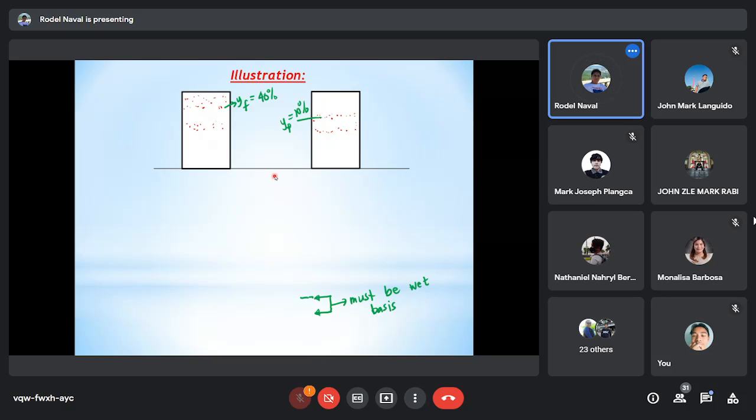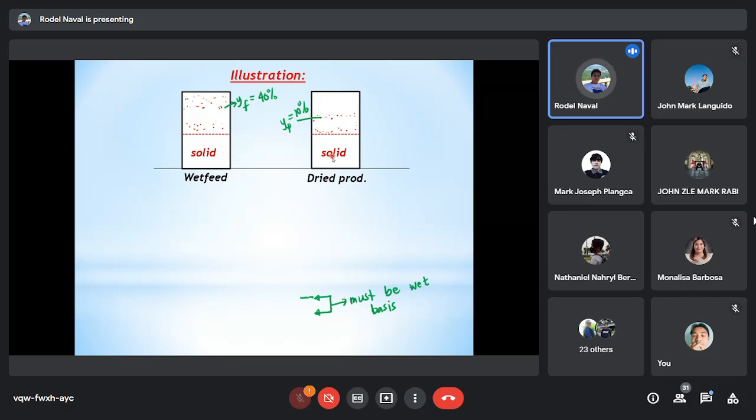Next. I have here the illustration, no? We have the wet feed and the dried product. So, assuming the same amount of material for the wet feed and dried product, if we remove all this moisture, class, what remains is solid.